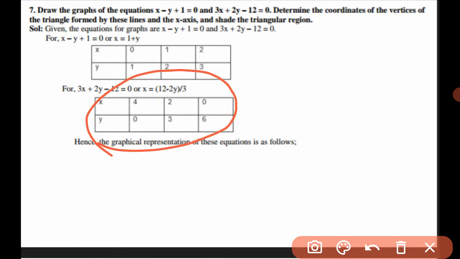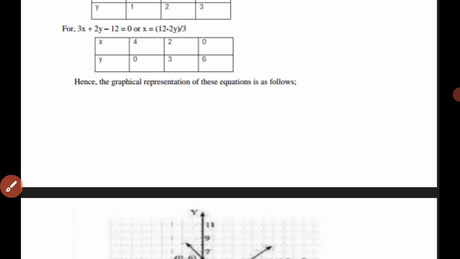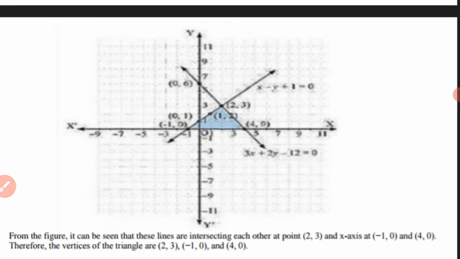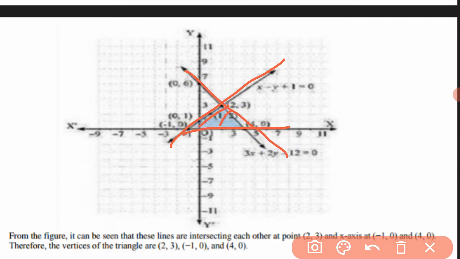Hence the graphical representation of these equations is as follows. In this way we can represent it graphically, and the point where these two lines intersect, between these two lines and the x-axis, we will shade this region, and by shading this region we can find the points. So here the points are 2 3, minus 1 0 and 4 0.